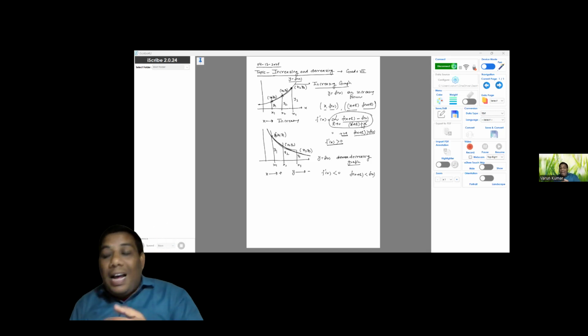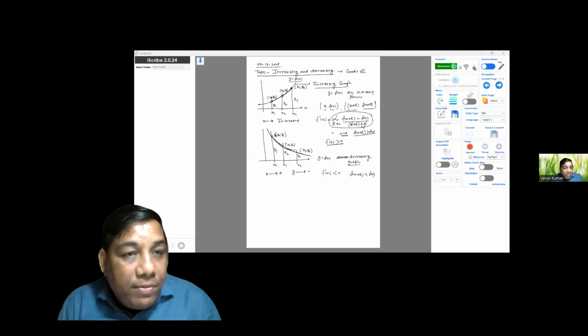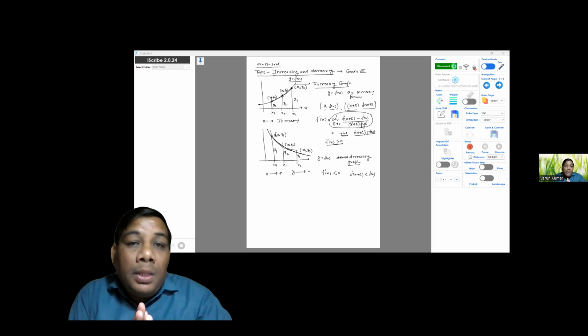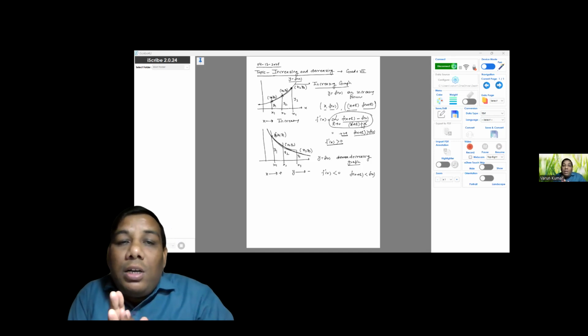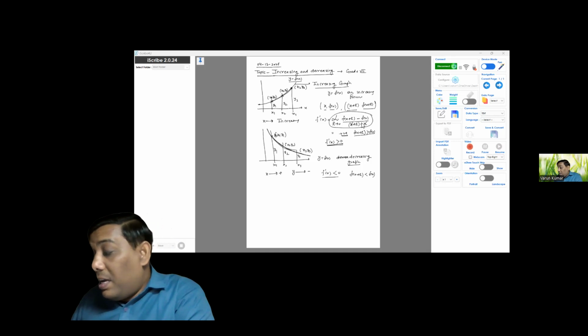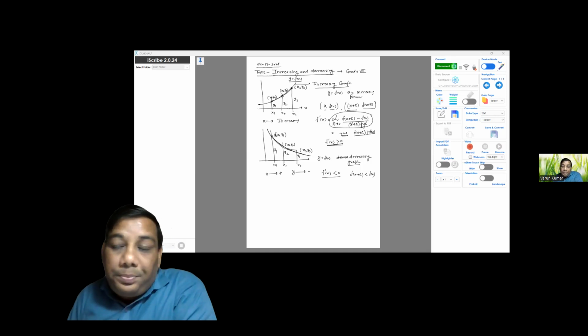So if the graph of the function is increasing, then its derivative is positive. And if the graph of the function is decreasing, then the derivative must be negative. If f dash x is positive, then it is an increasing graph. If f dash x is negative, then it is a decreasing graph.